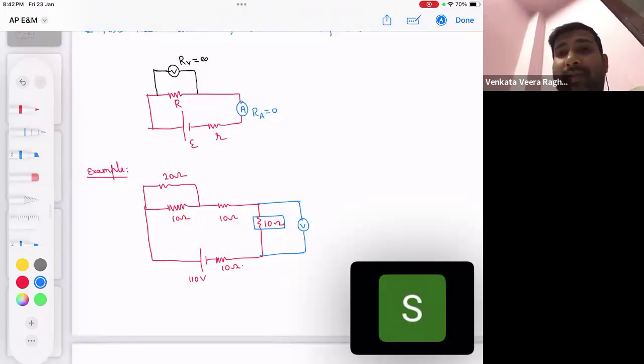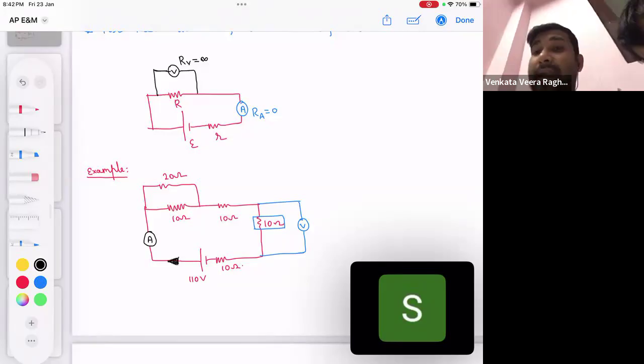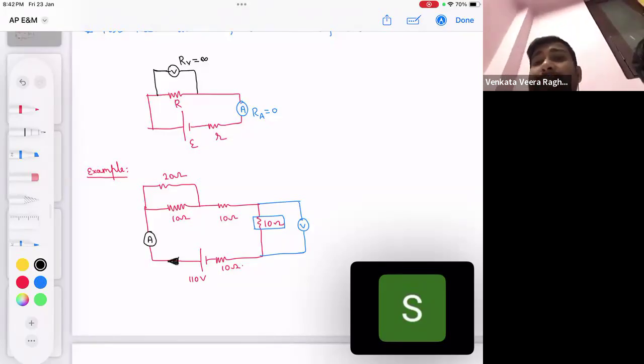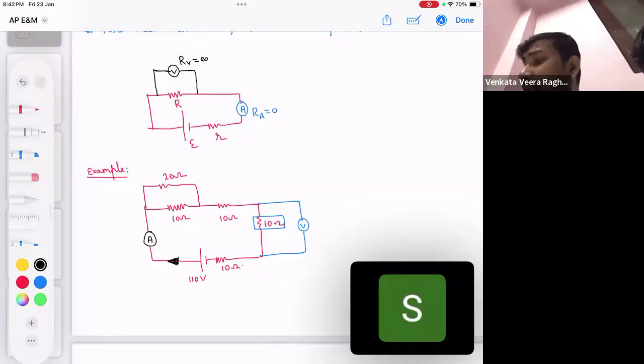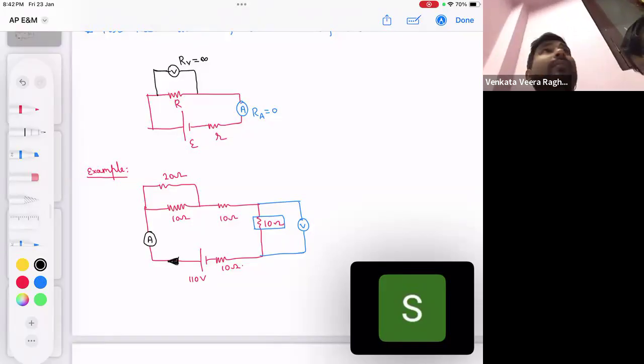And we also want to know the current in the circuit. So I will connect an ammeter, right? This ammeter will give me the current flowing through the battery. If they want the current in some other resistor, then we will connect the ammeter in series with that resistor where we want to find out.